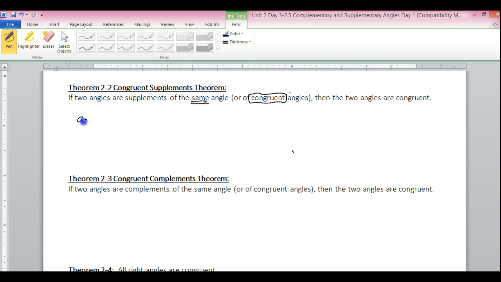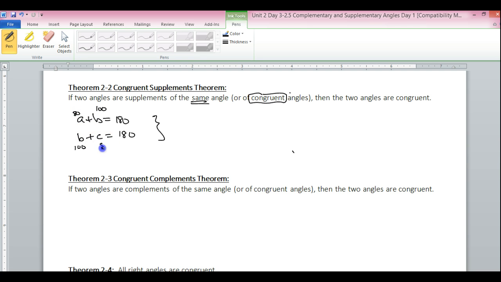Meaning, if we know A and B are supplementary, that means they add up to 180. If I also say B and C are supplementary, what can we conclude from these two statements? If B is 100 degrees, what would the measure of angle A be? 180 minus 100 is 80.